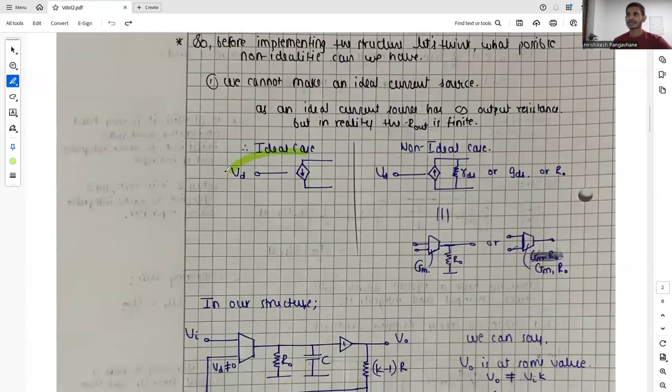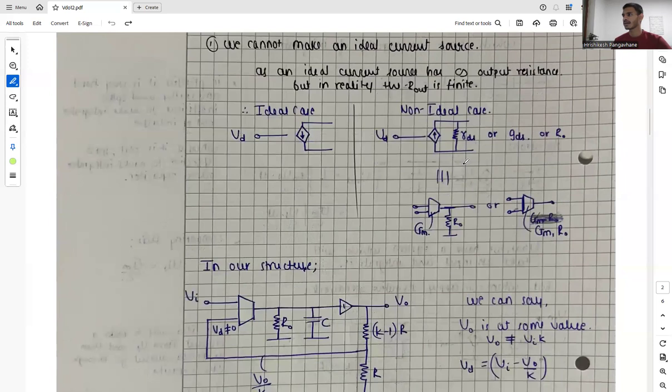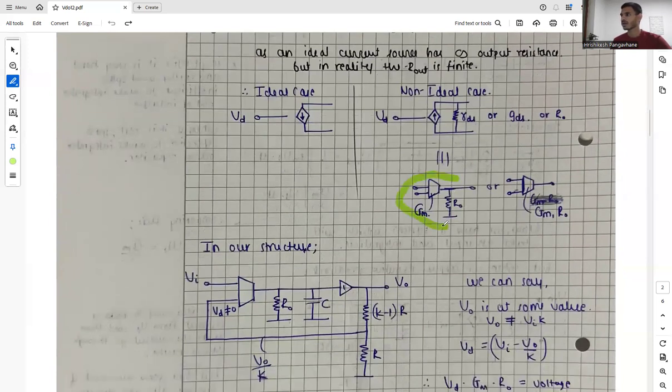In the ideal case we expect infinite resistance over here, and that's how our current source becomes ideal. But in the non-ideal case, there is some resistance, RDS or R naught, or a conductance GDS in parallel with our current source, and that's why we can denote it with our OTA like this, or in some circuits it is denoted by an arrow where Gm comma R naught is mentioned.